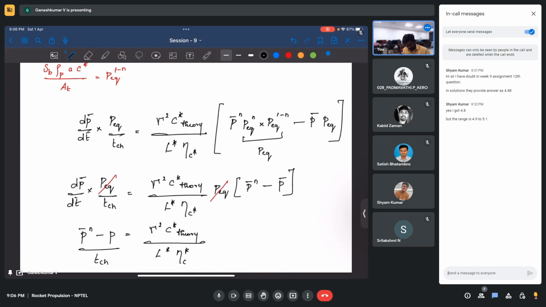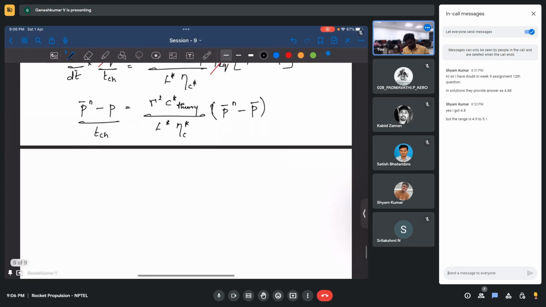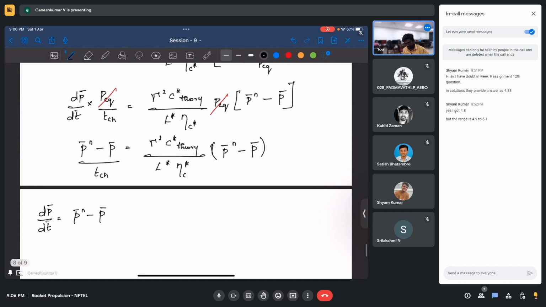TCH, right? What did we do in the last step? So we know that dp bar by dt bar is nothing but p bar over n minus p, right? Yeah, this we know, no? So I just replace this with that. I'm doing the opposite way, to find the characteristic time.